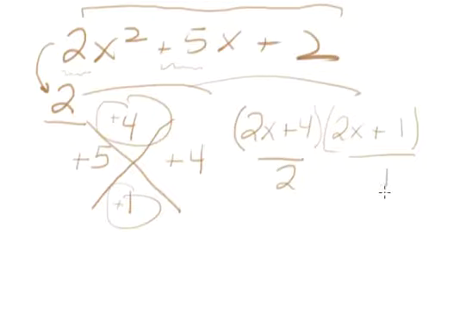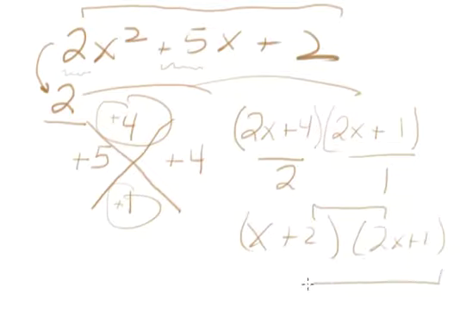That would be a 2. This one I can't, it's just a 1. So just divide that out. That's x plus 2, and that's going to be 2x plus 1. And sure enough, if you did the FOIL, you'd have a 2x and an x, which would give you a 5x. That is a powerful idea. So do keep that in mind.